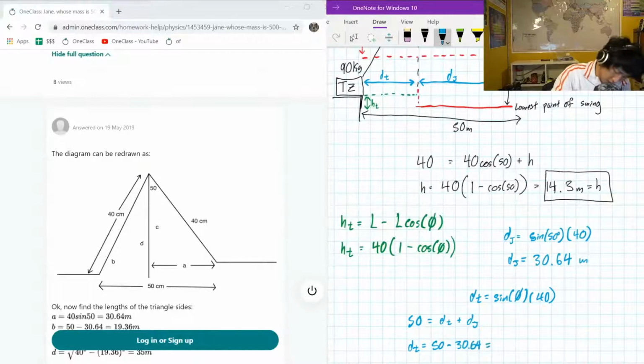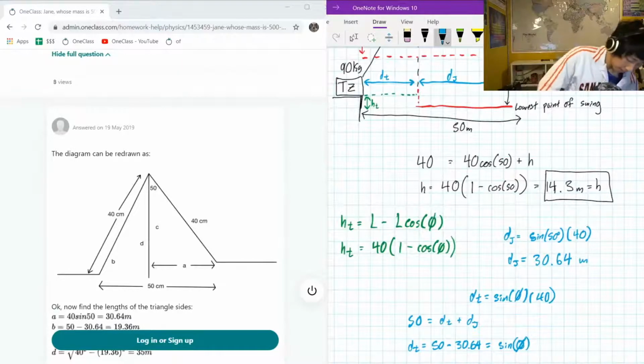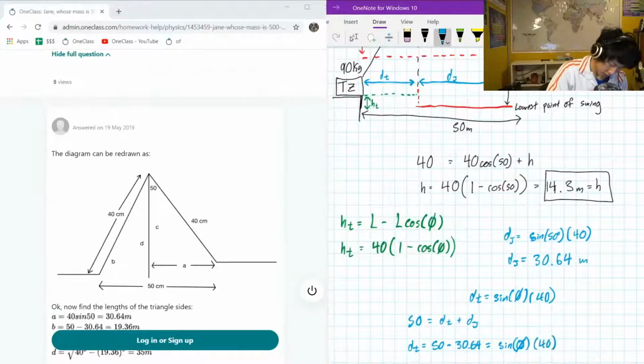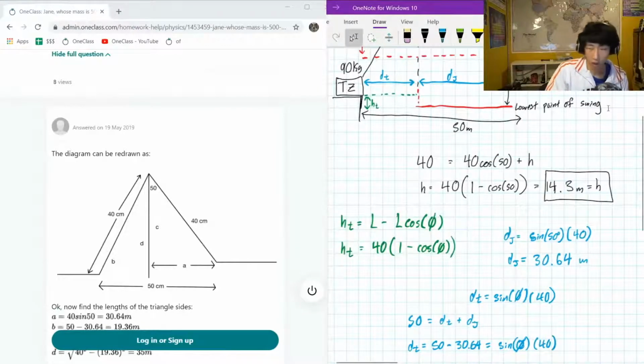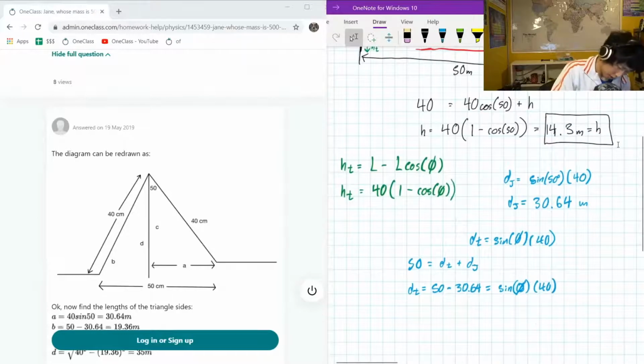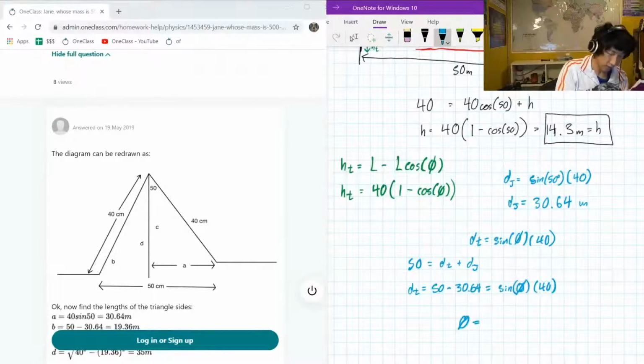And that will be equal to sine phi times 40. So sine phi will be equal to 50 minus 30.64 over 40. So I'm going to do that real fast.